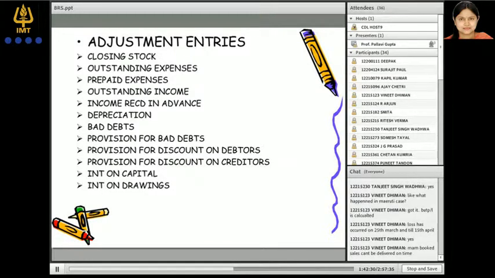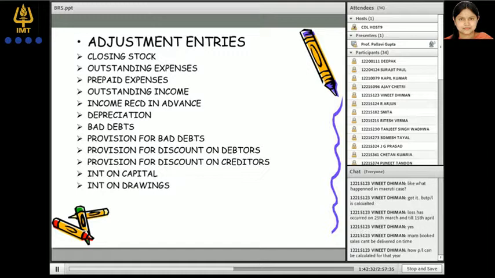See, Vineet, when do we book the sales? You are deviating from the basic concepts, the realization concept. You receive the orders, you book the orders. You don't book the sale. You book the sale at the time when the property in the goods passes to the buyer.